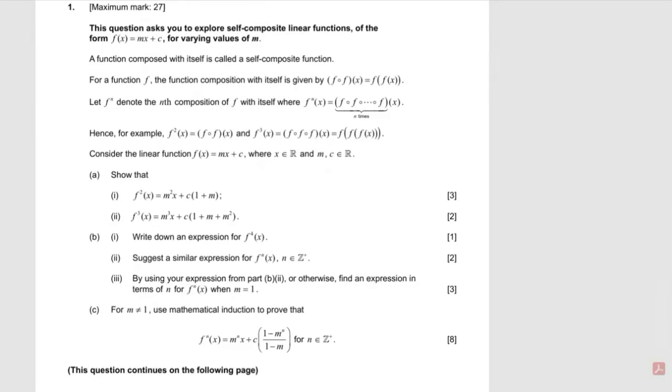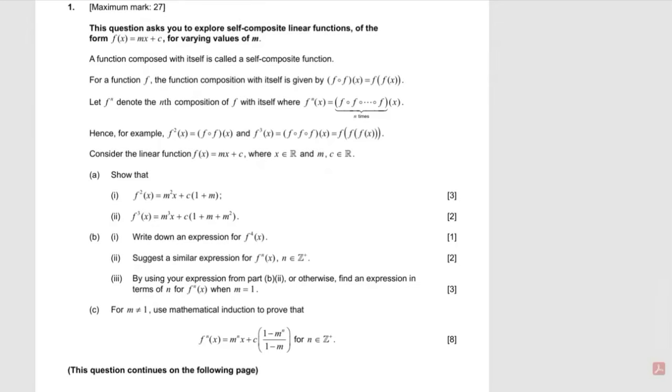It's just a notation. Let f to the power n denote the nth composition of f with itself, so it's f, f, ... f of x. Hence, for example, f squared can be written as f(f(x)) and f cubed as f(f(f(x))).